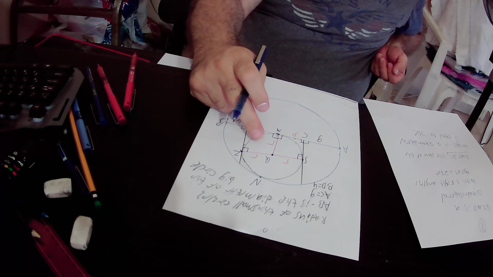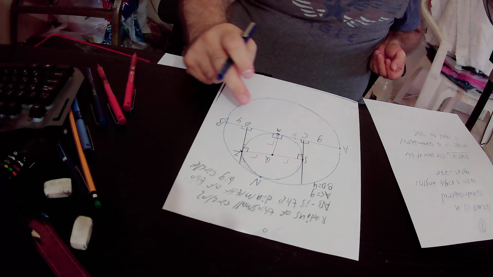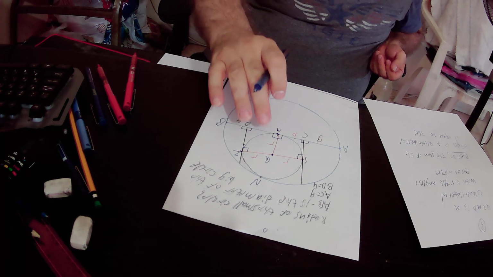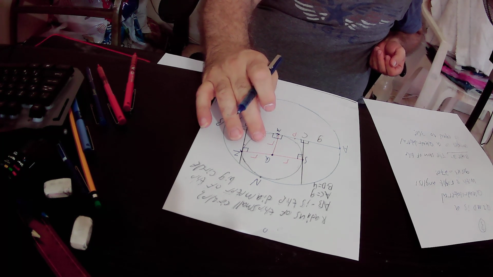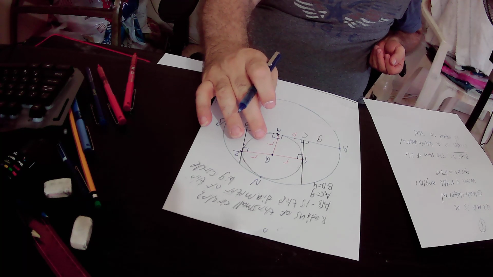So according to rule number 2, the sum of the angles in quadrilateral QZMD equals 360 degrees. So we have 3 angles, and the sum of those 3 angles is 270 degrees.